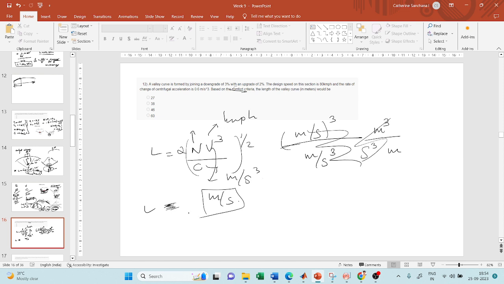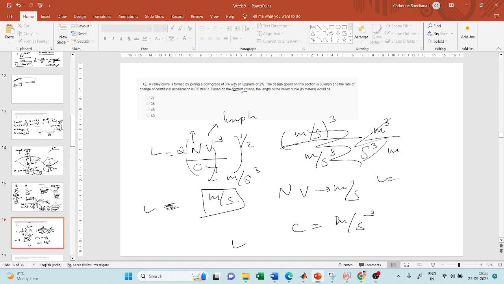So this is not an empirical equation. You have to substitute such that the units cancel out. N does not have any units. V you have to substitute in meters per second. C you have to substitute in meters per second cubed. Then you will get the length of the curve.